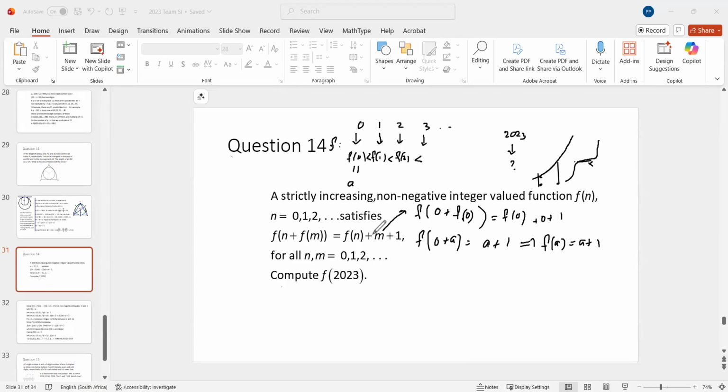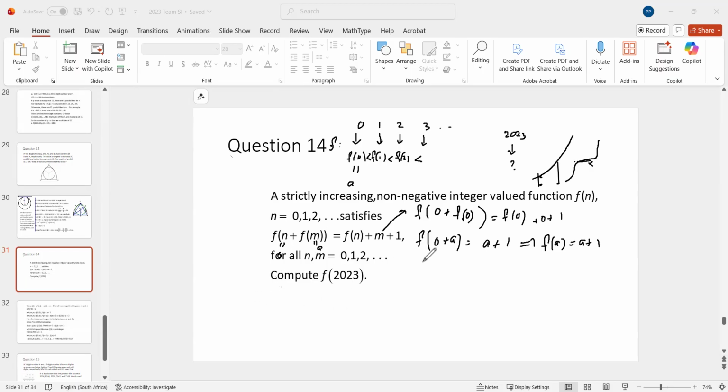Now, you see, I know f(a). So why don't I put a here in this? No, put a here and put 0 there. So make n equal to 0 and m equal to a. So what do you have?